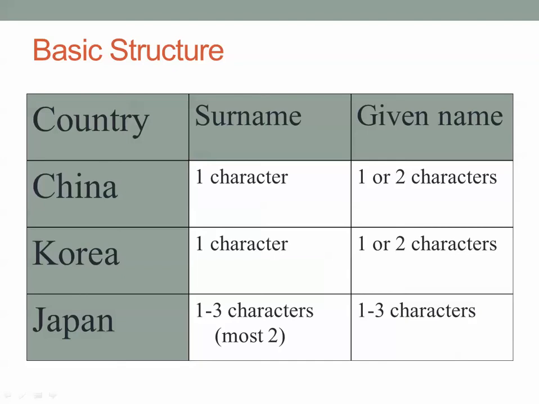In Korea, we see the same pattern. So the surname is 1 character, and the given name will be 1 or 2 characters. In Japan, though, the surname could be anywhere between 1 and 3, and we tend to see 2 as a fairly common example. And the given name can be typically 1 to 3 characters.